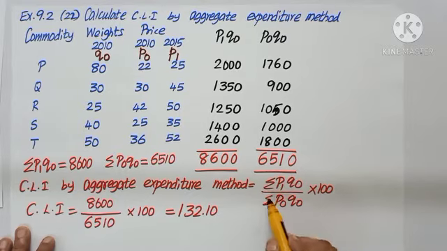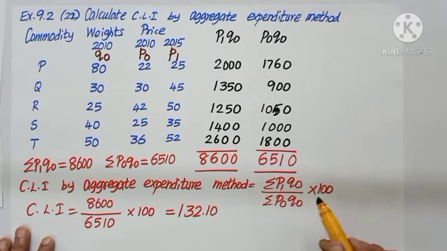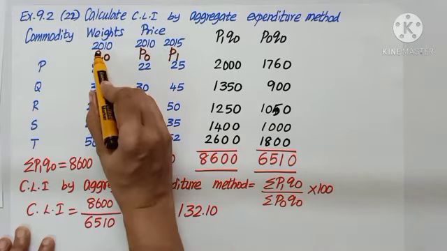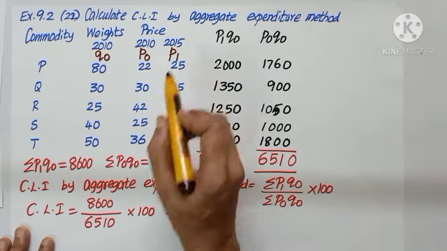Mustn't forget to put sigma. So it is sigma P1 Q0 by sigma P0 Q0. Once you divide, multiply by 100. This tells me 32.10% has increased in the cost of living from 2010 to the year 2015.